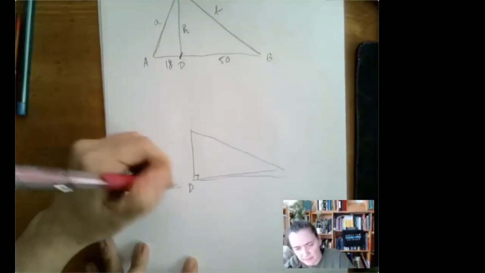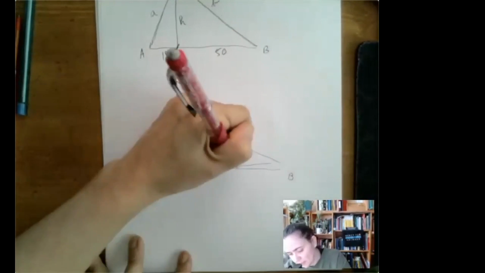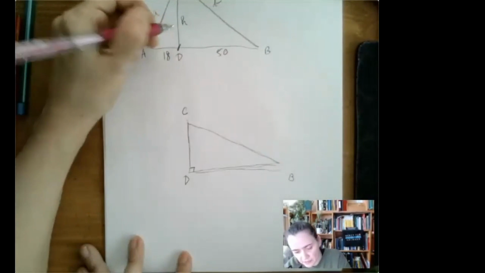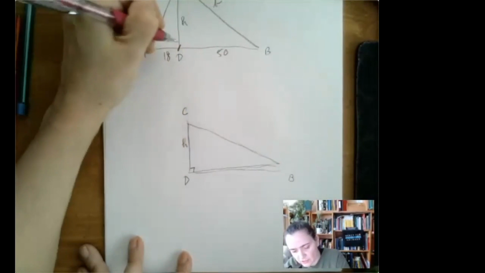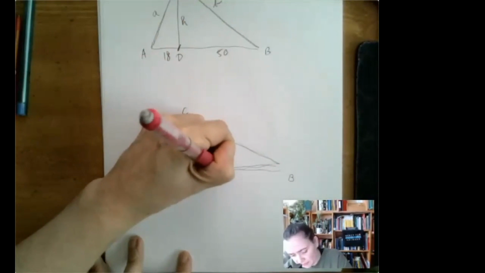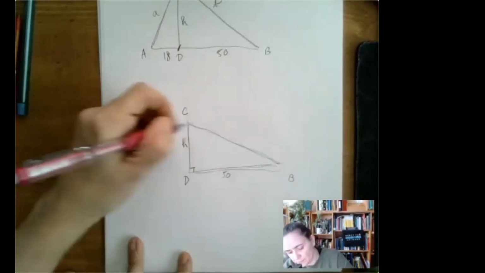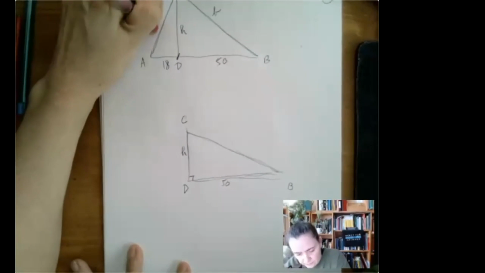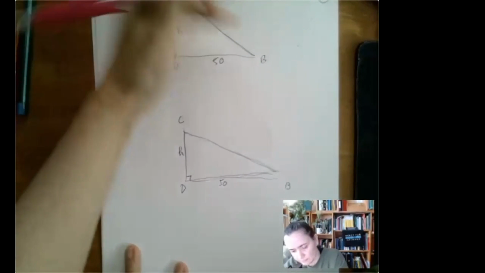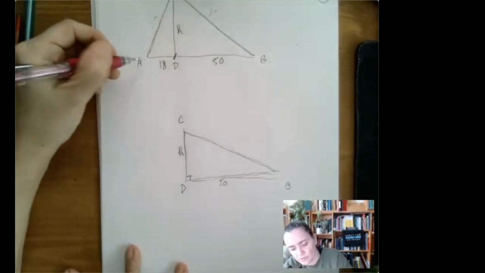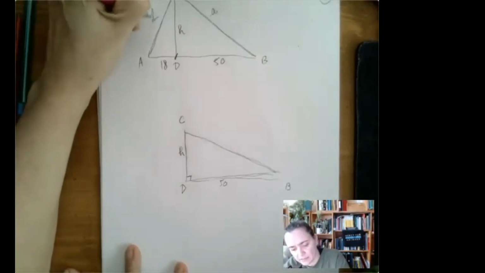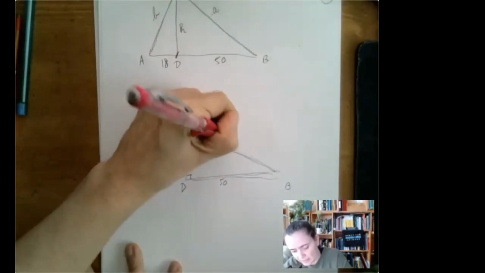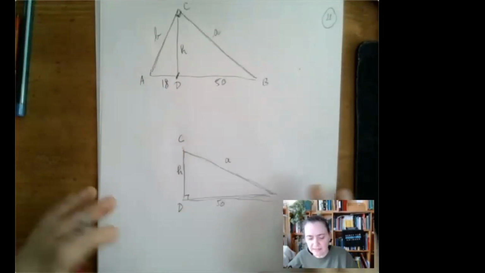So this is D, there is a right angle at D, this is B, and this is C. And once I have the points, between C and D there is H, between D and B there is 50, and between C and B, oh, that's wrong. You know, side A should be opposite point A. Let's make this B. That doesn't affect H and 50, and then A. That was easy because we basically didn't have to turn it.